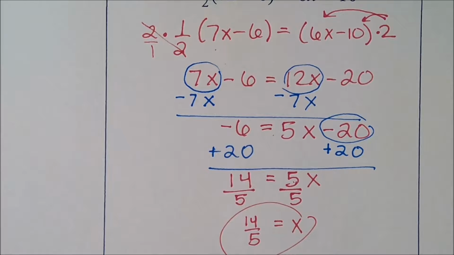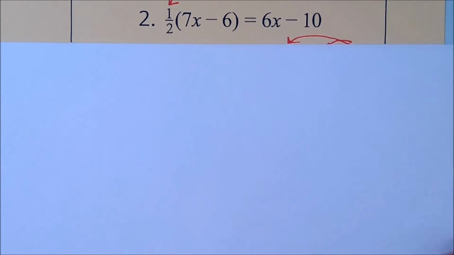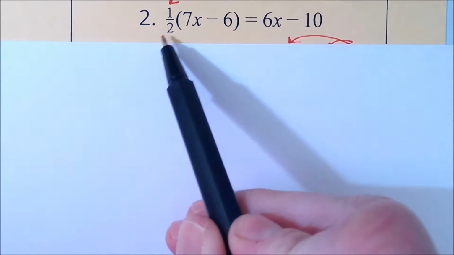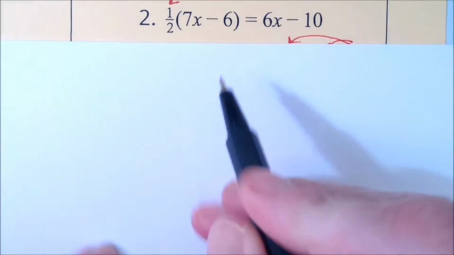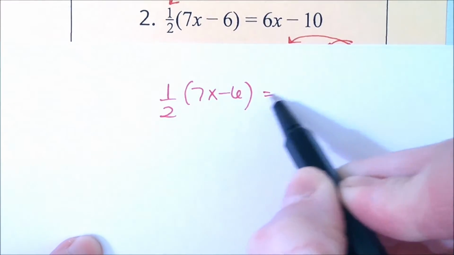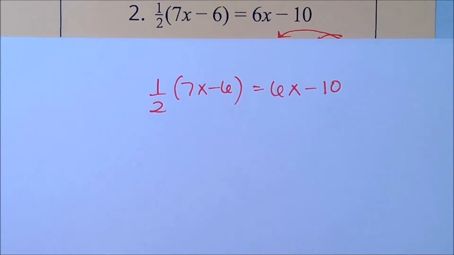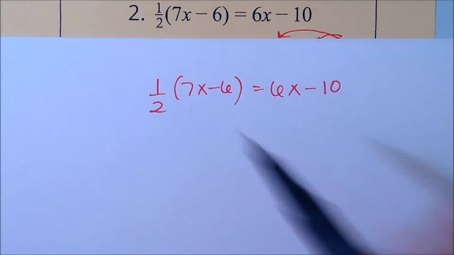I'm going to pause for a second here. So you may feel like you wanted to distribute the 1/2 first. And sometimes that will be an acceptable first step, and sometimes it's even the best first step.